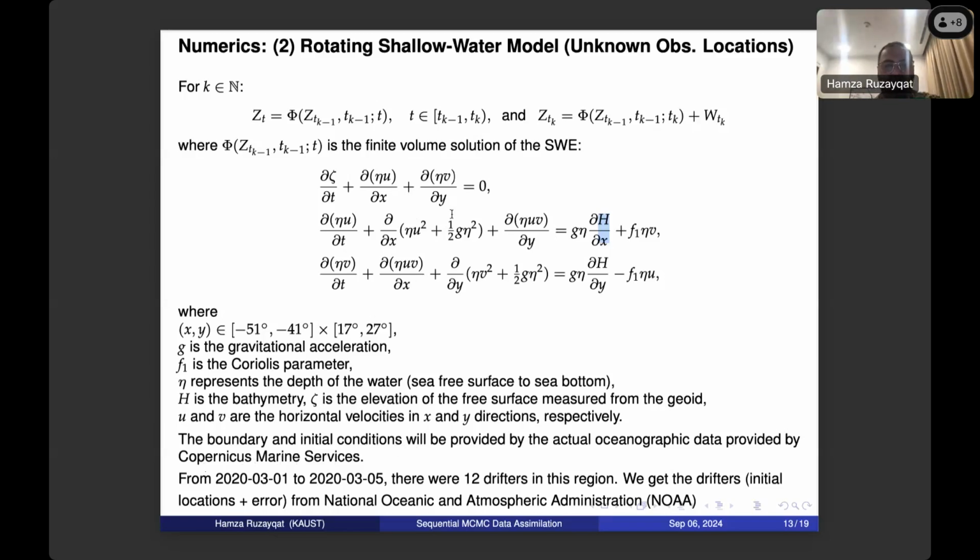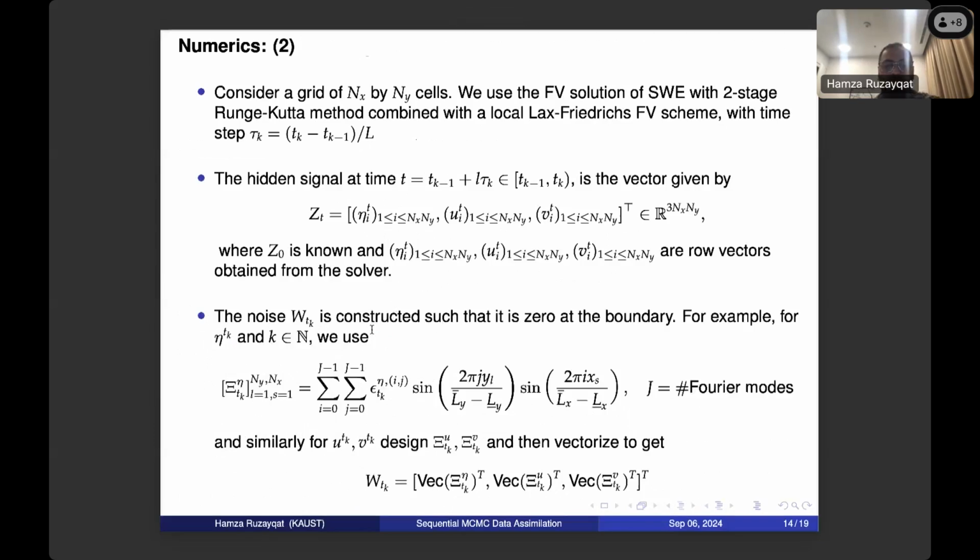We run this model on a specific region of the Atlantic Ocean. We add a specific noise to the model such that it is zero at the boundary, because we don't want any noise on the boundary, since we have real data boundary conditions. So it's structured like this.